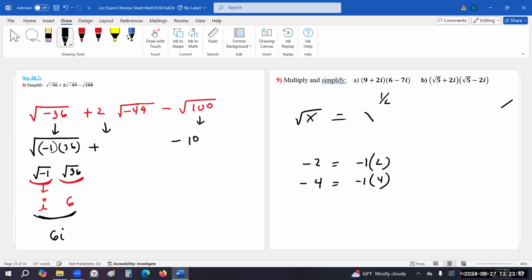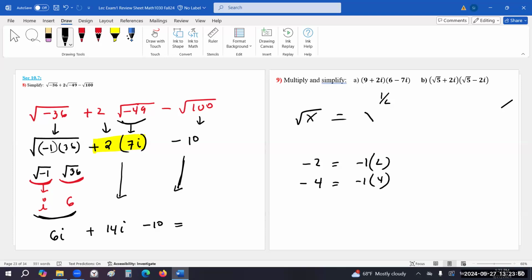So if you follow this one, we have 2, but how much do you get from here? 7i. We already know now, we don't have to show all the details because we already figured it out the first time. If you have a negative under the root, it's the real number times the i. That means combining all of them, what do we have if you multiply these two? 14i.